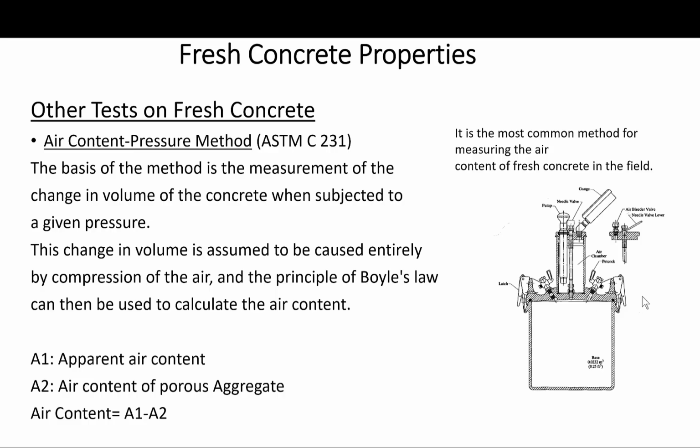If you remember from the air entraining agent under the chemical admixture lectures, the distribution of the air bubbles, the size and the spacing, is really what determines the level of durability of the concrete. So these cannot be determined by this method because it only measures the total content of the air. To determine these, it is necessary to examine the void system of the hardened concrete itself. This can be done using the procedures described in ASTM C457.